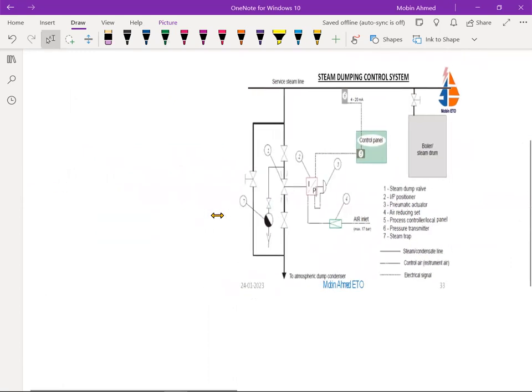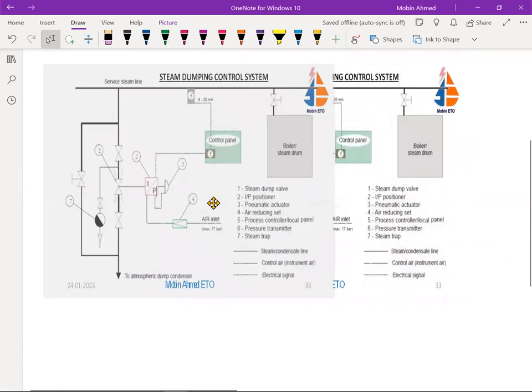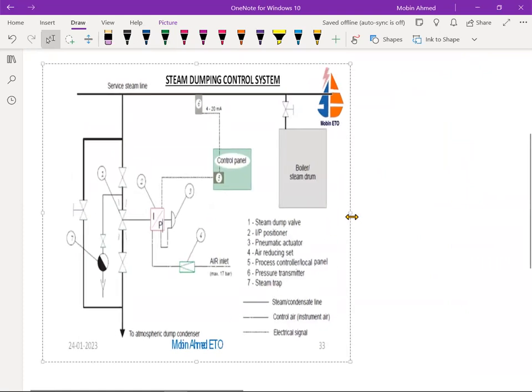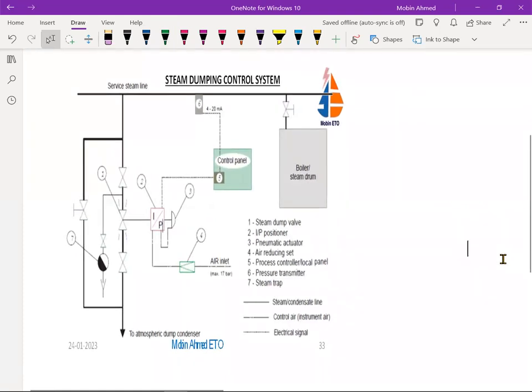How does it stay in stop position? Let's understand that. If you have seen the manual, you might have seen it there. I will take one example here. We have an auxiliary boiler.